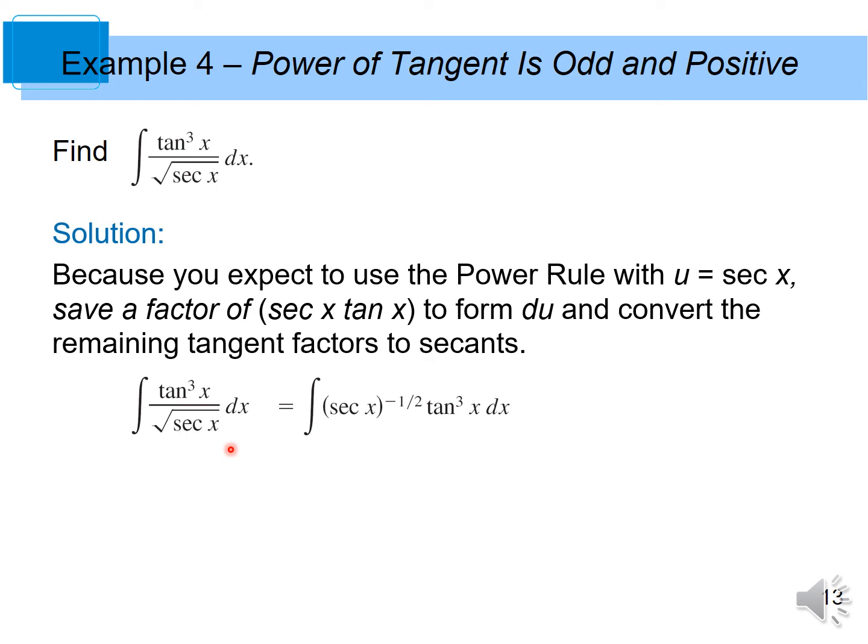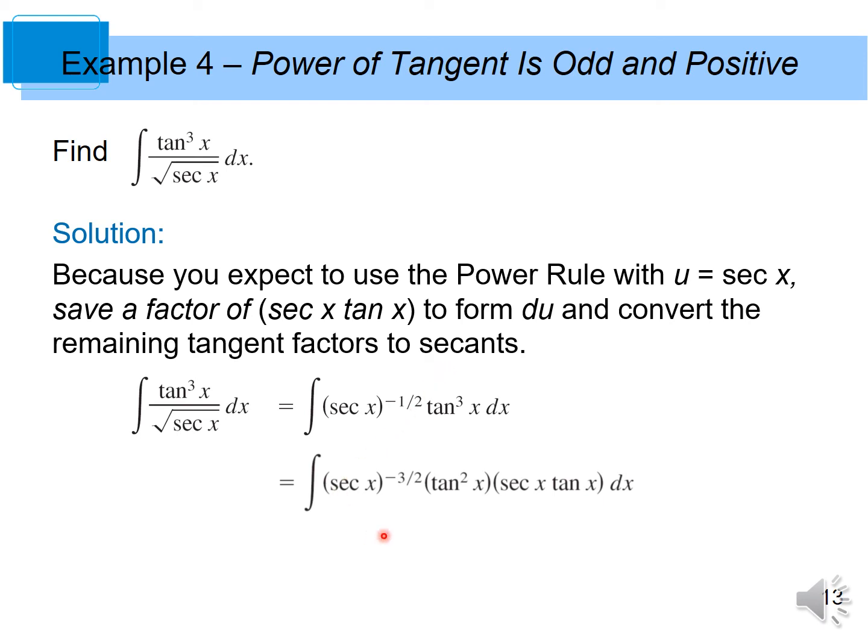Now we will write our integrand. Move the radical secant x out, so we have secant x power to the negative half, and we break the secant x.